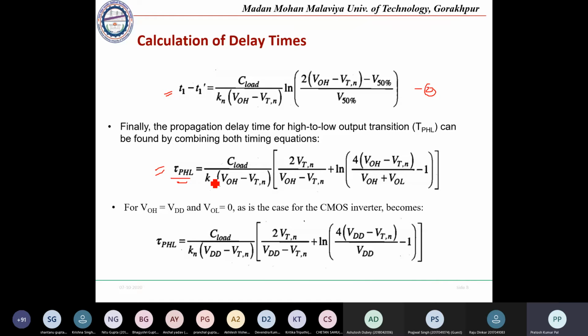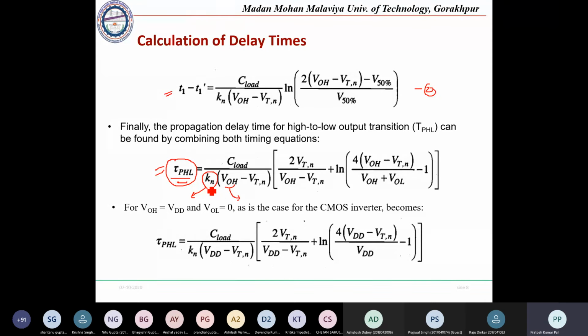But we need to think in terms of design perspective. Once we are going to design any inverter, the particular delay that inverter should have will depend on this value. So in terms of design perspective, the terms that we can change while designing a circuit will only depend on the Kn value, or the value VOH.